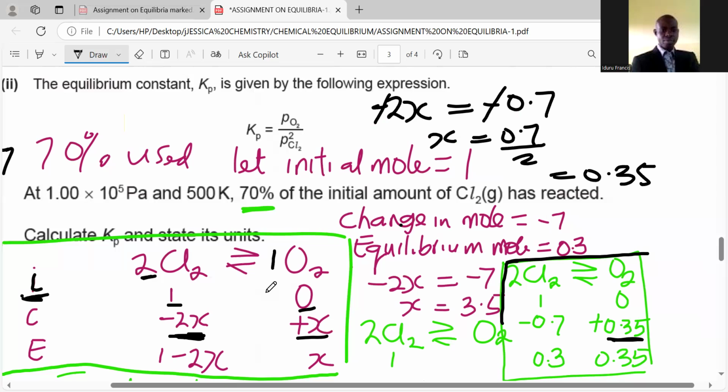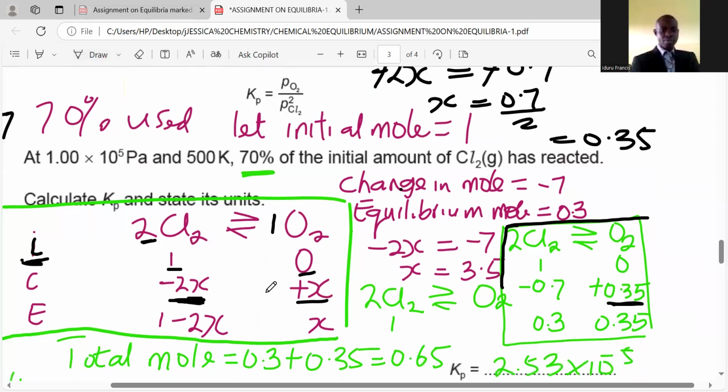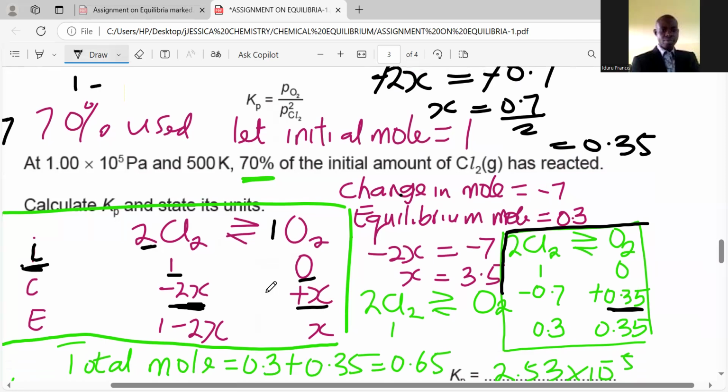So 0.7 divided by 2 gives 0.35, because 2 mole is 0.7, so 1 mole will be 0.35, half of that. Okay, so we have established that. Then we can talk about the equilibrium mole. Since minus 0.7 has been used, we add together 1 minus 2x, 1 minus 2, all right?